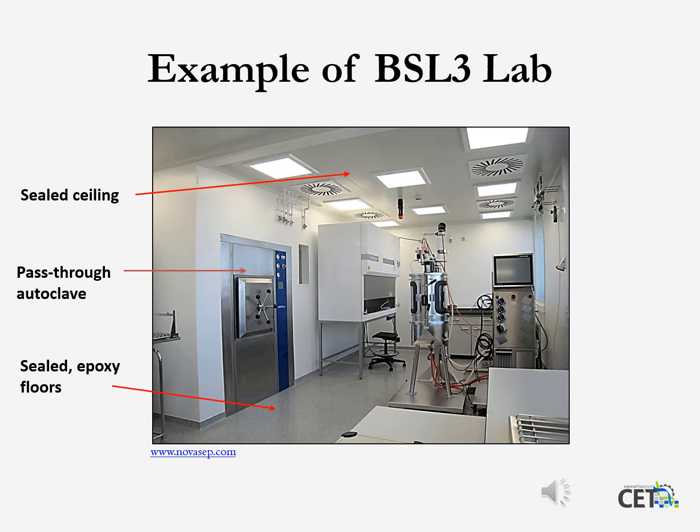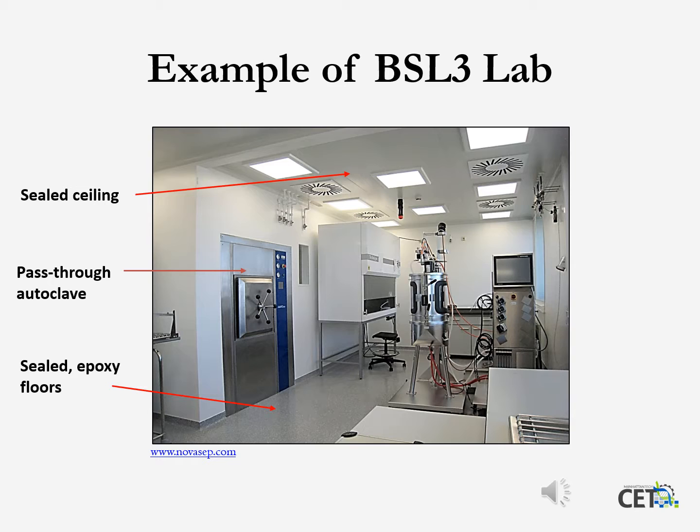That means all of the electrical outlets, and where the walls join the floors and the ceilings, must be sealed. The ceilings can't be drop ceilings unless they're hard dropped. They have to be sealed floors and ceilings. All the work done in these labs is done in a biosafety cabinet. There's nothing on an open bench.